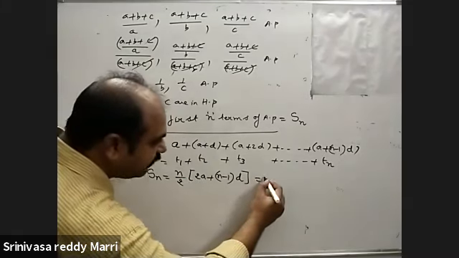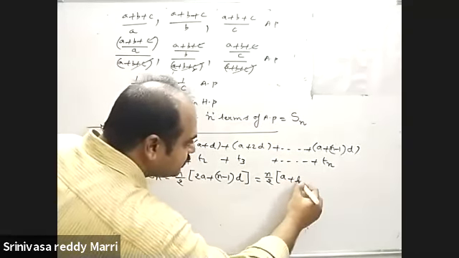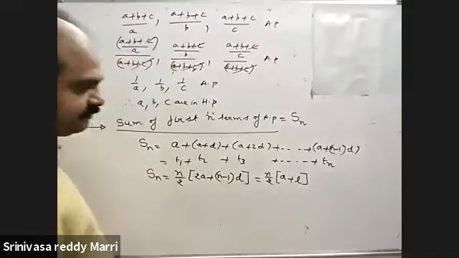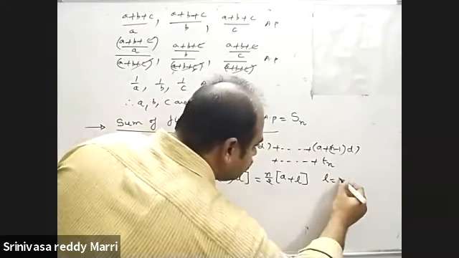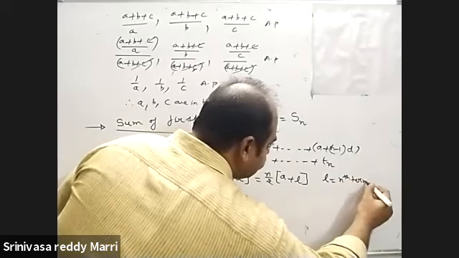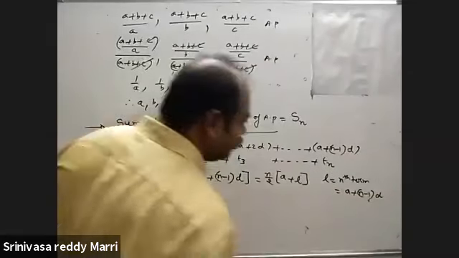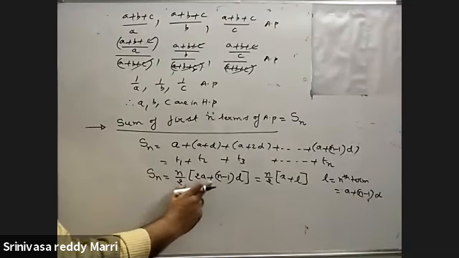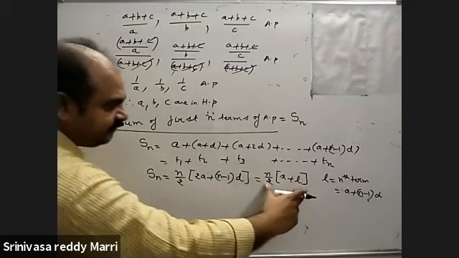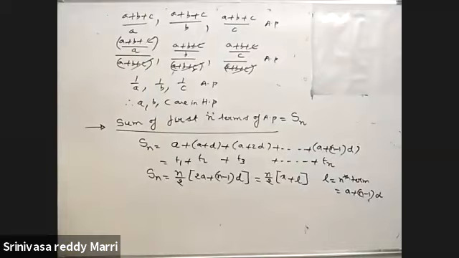Otherwise, this is also written as n by 2 into (a plus l), first term plus last term, where l means the last term, the nth term, which is a plus (n minus 1) into d. This plus this is the same thing. You can use the first if you know a, d, n, and the second if you know a the first term, l the last term, and n the number of terms.